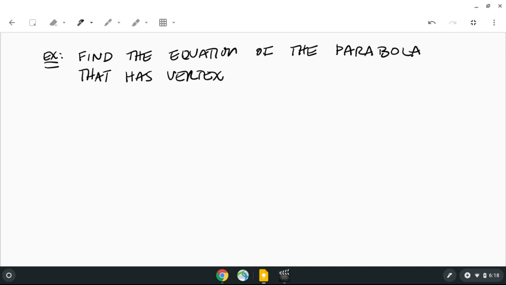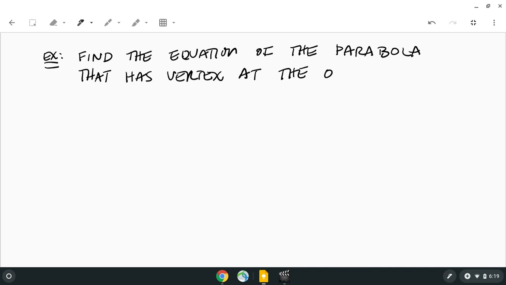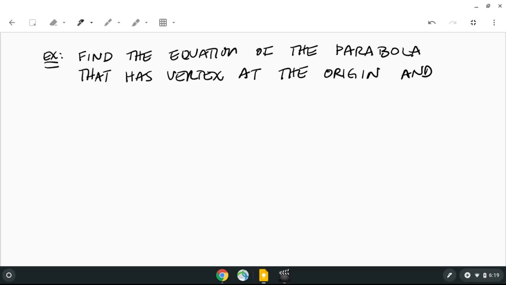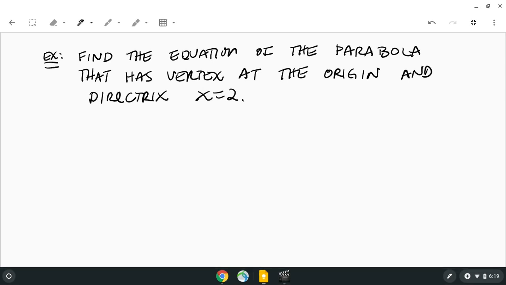The origin is 0, 0. And directrix x equals 2.